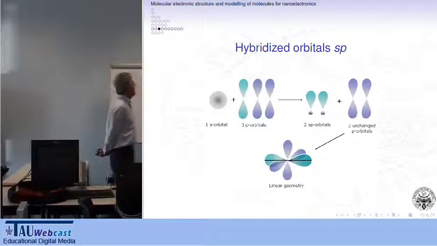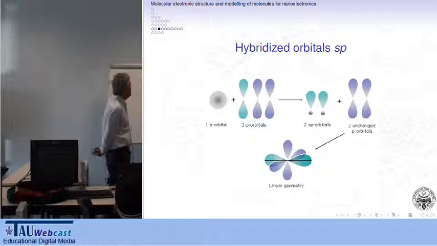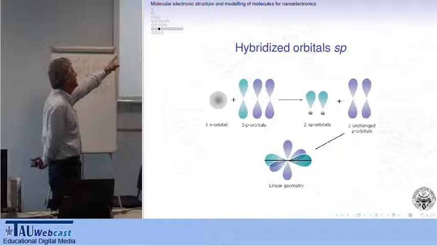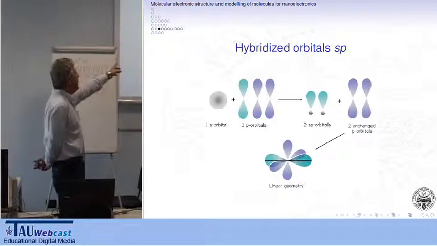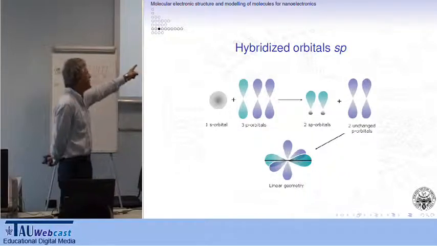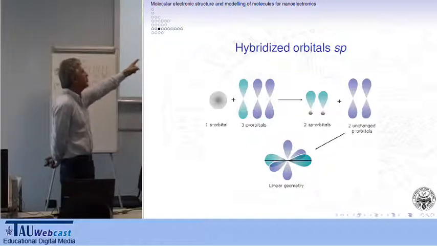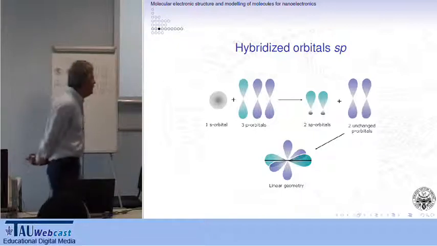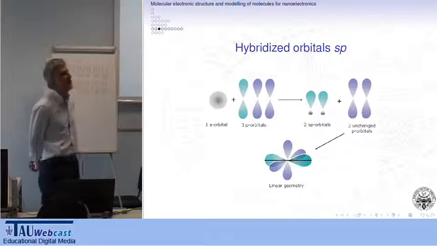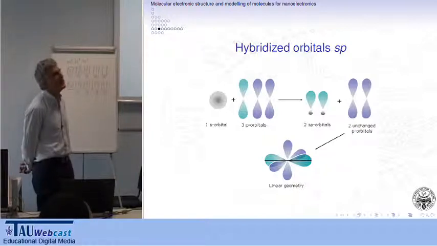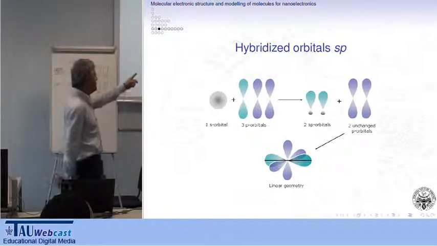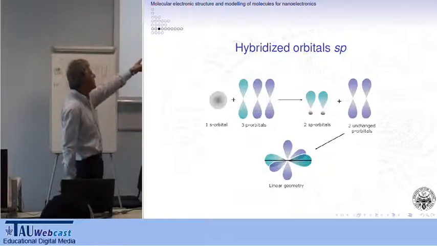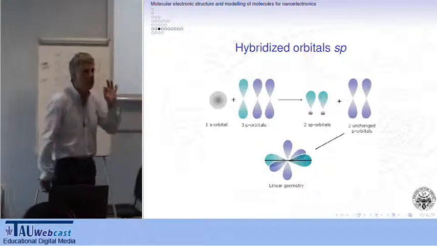For sp, the s interacts with the first p orbital and will produce 2 sp orbitals, and the 2p orbitals, the original ones, are unchanged. So the carbon structure for this form of excited carbon is this one. You have the 2 lobes obtained by the sp orbitals.